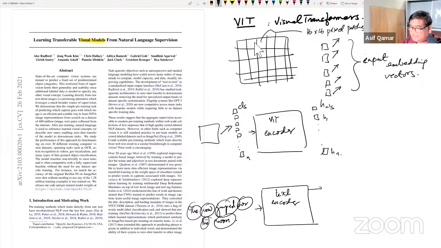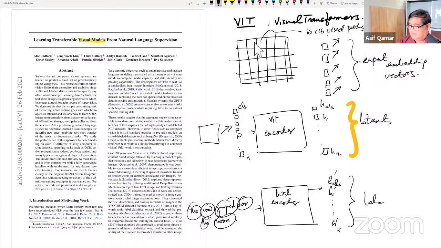You will again get your same things. H prime, suppose it has K tokens, right? Those latent vectors will come out. These are your latent representations. Your latents come out from both of these.